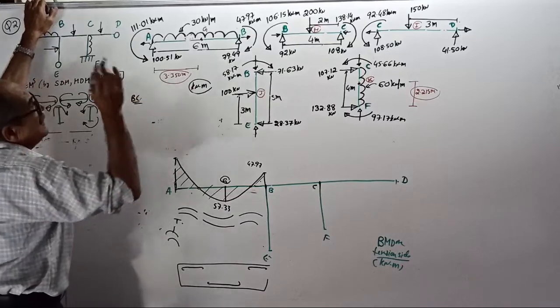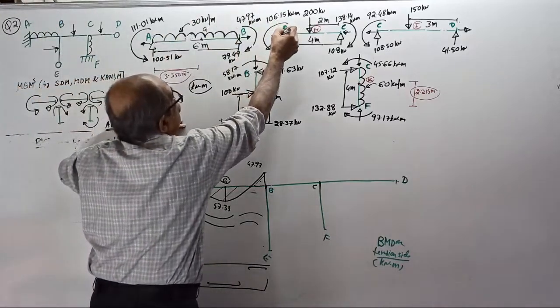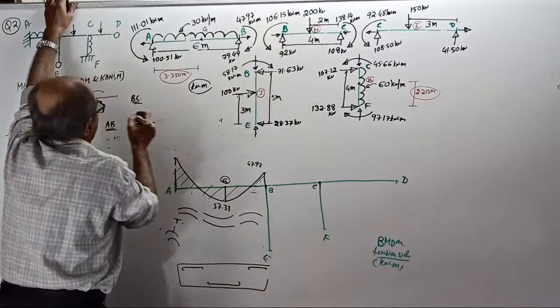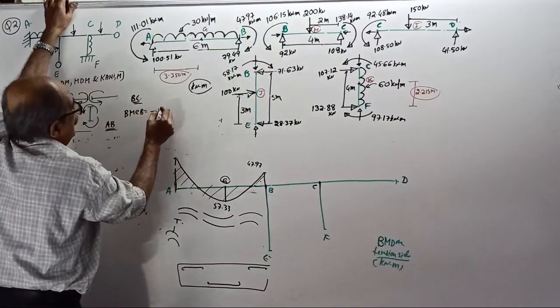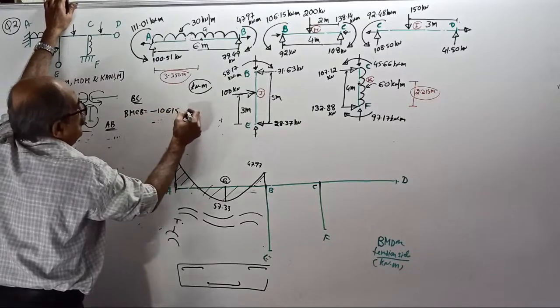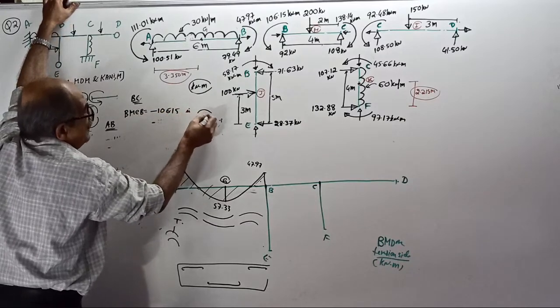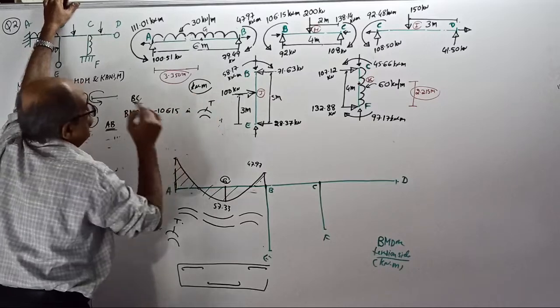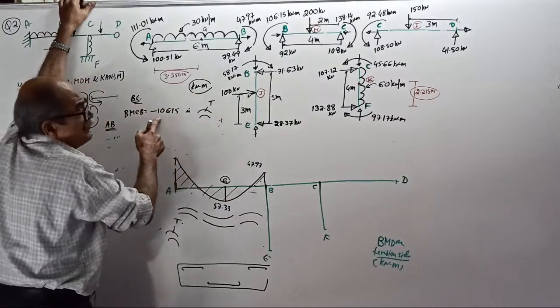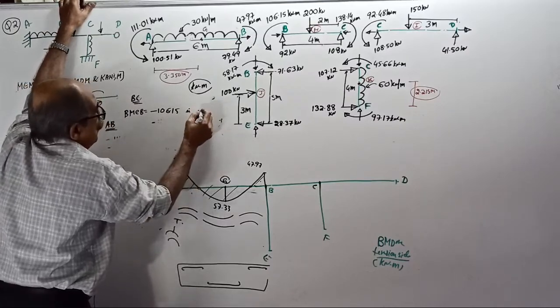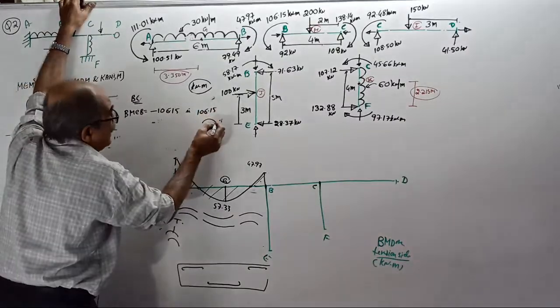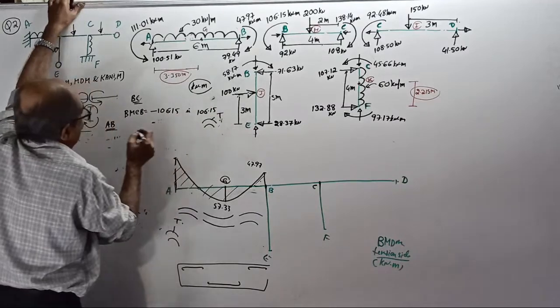What all should I write? Bending moment at B is minus 106.15. That is hogging. Tension at the top. Hogging, not minus. That means it is 106.15 hogging, tension top.